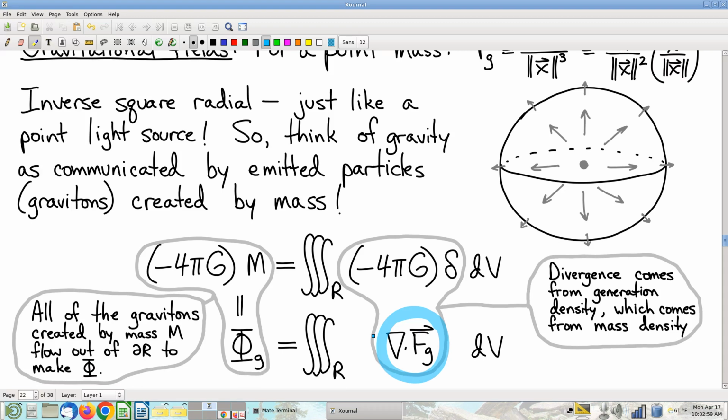The gravitational field represents the flow of gravitons, and divergence tells you how much that flow is emanating out from wherever you're measuring it. So yeah, absolutely. That's why I have this over here. This divergence is morally generation density, and the idea is, where does generation come from? It comes from mass, and so that's why it connects to mass density. Is that cool? Great. All right.